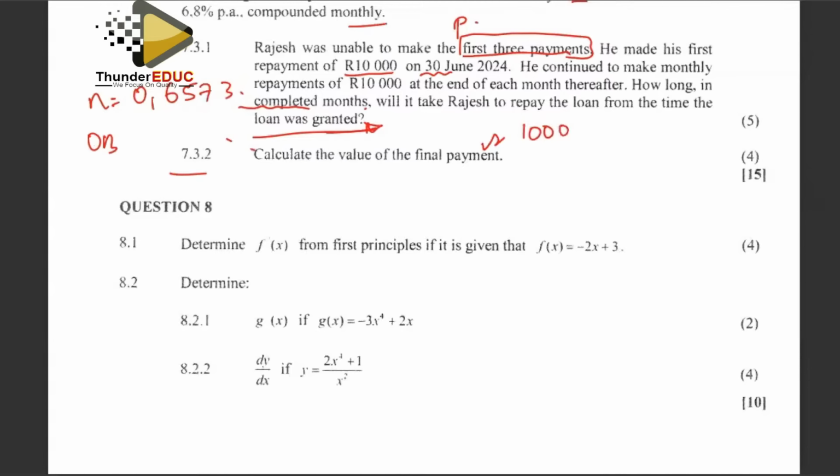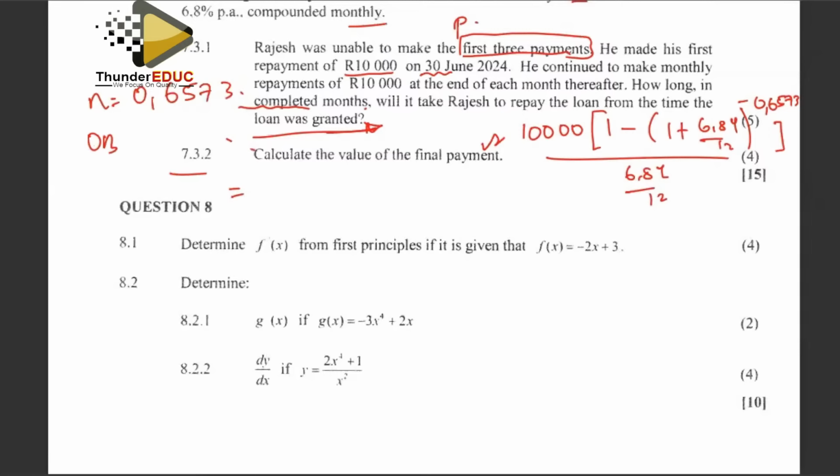So it's going to be 10,000 into 1 minus 1 plus 6.8% over 12 to the exponent of negative 0.6573, over 6.8% over 12. All right, so let's see.